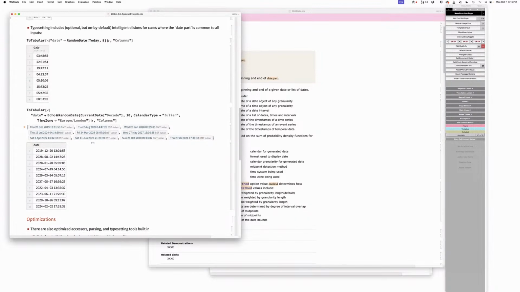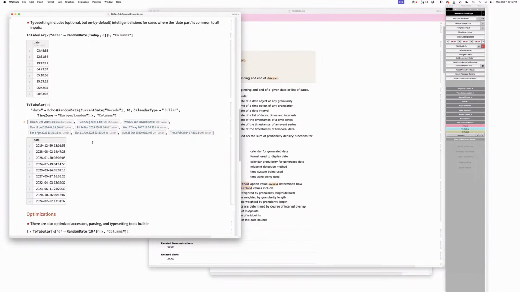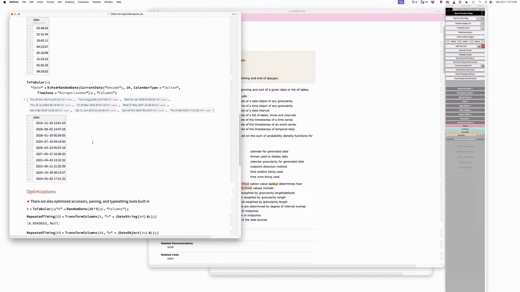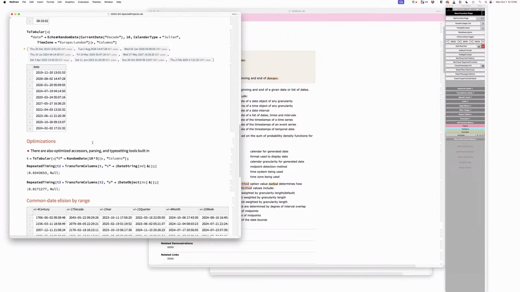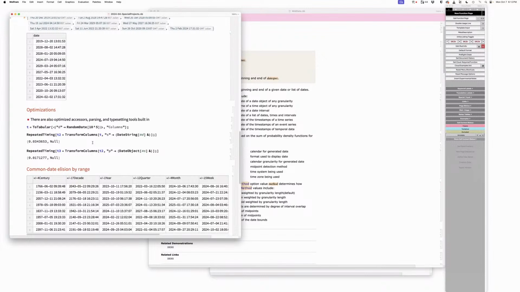What's happening here? So this is just showing that it detects the input parameters, including time zone and calendar, etc., and moves them into the column type. We also re-implemented a lot of the date functionality to be much faster.